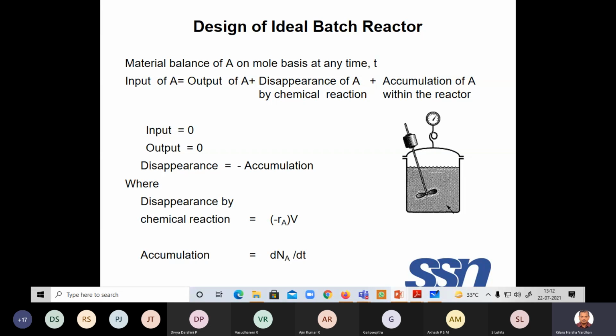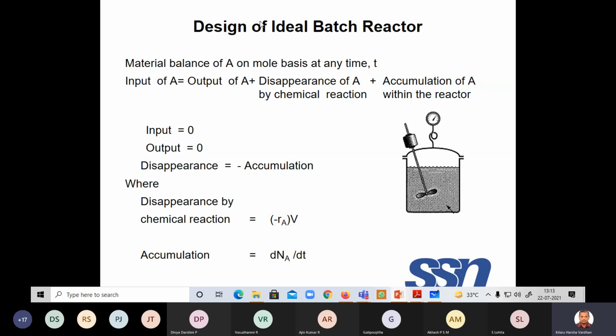So let us do the design for the ideal reactor first. Then we will see in the fifth unit how to deal with the non-idealities present in the reactor. In an ideal reactor the conversion may be 90%, but in the actual case it may be much lesser. How much lesser, we will see in the fifth unit.